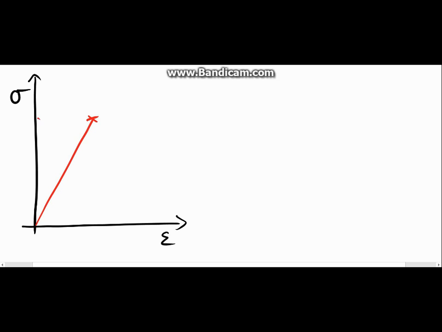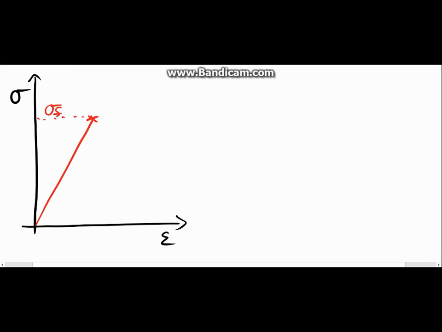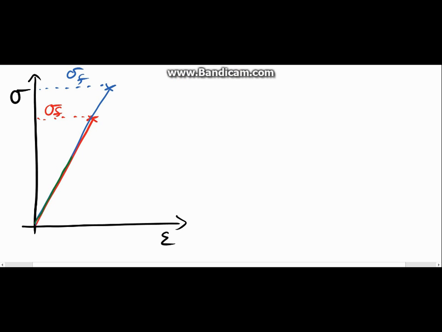You say, okay, this is my fracture strength, this is the yield strength of the chalk. But then you take another sample and load it up and it'll fracture somewhere up here. Well, now you have a different value. So you say, okay, let me take another sample. You load it up and it fractures right here. So you get all this variation in a ceramic like chalk.